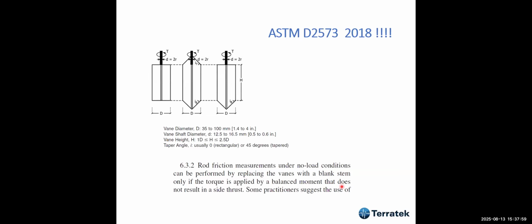And the other thing we discussed a lot at that conference was that the American standard still allows the use of different shapes of vane. The idea discussed was that this test is semi-empirical. It's not a rigorous test.